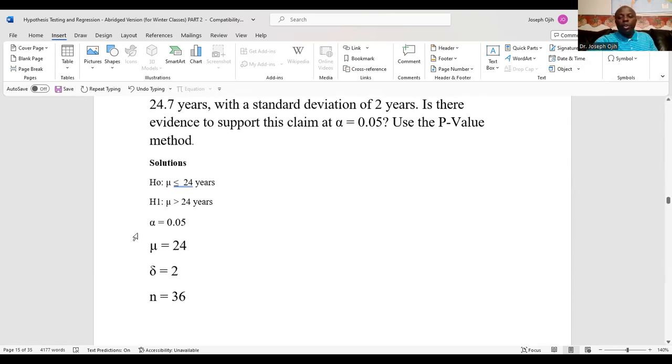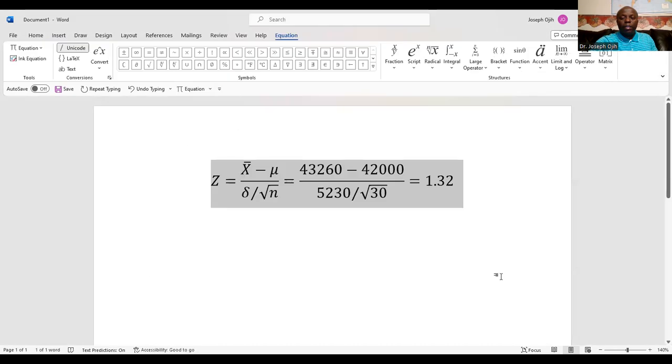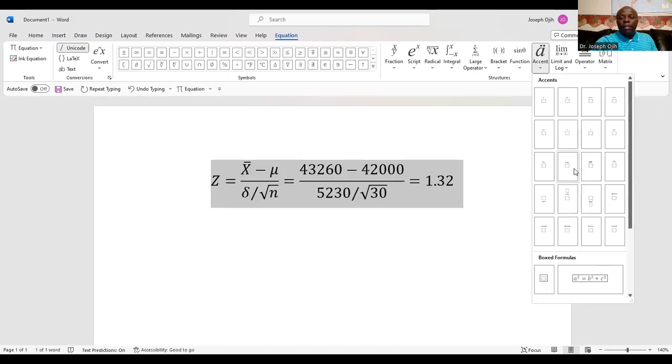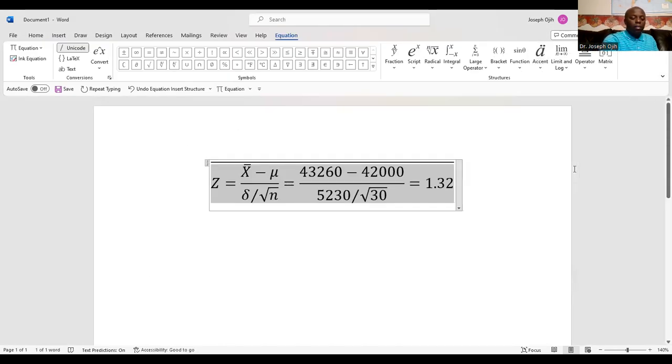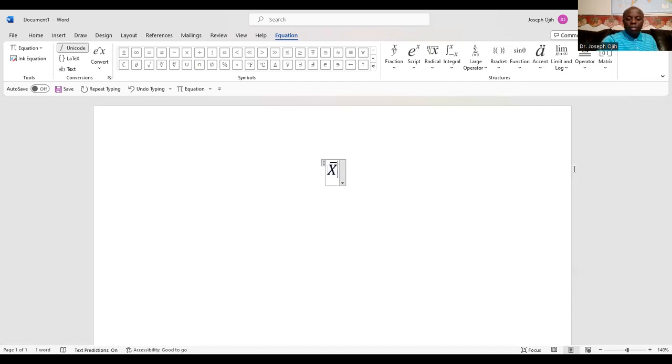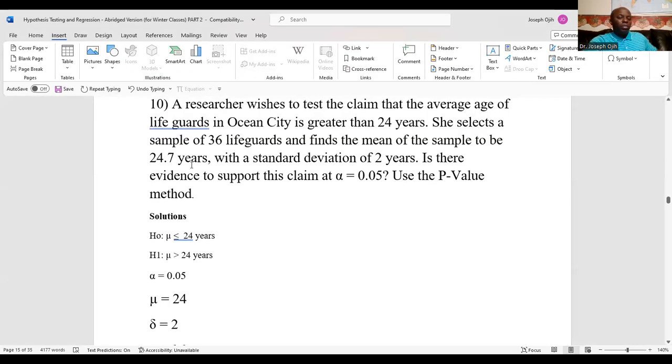And the sample mean, we cannot get the character X bar here, so I'm going to get it from the other workbook. So I'll take you there to get our X bar. Our X bar was, I think it is 23 years. Let me see. X bar, okay, it says 24.7 years.